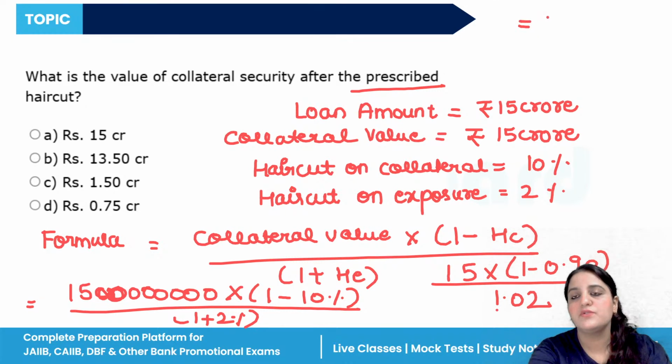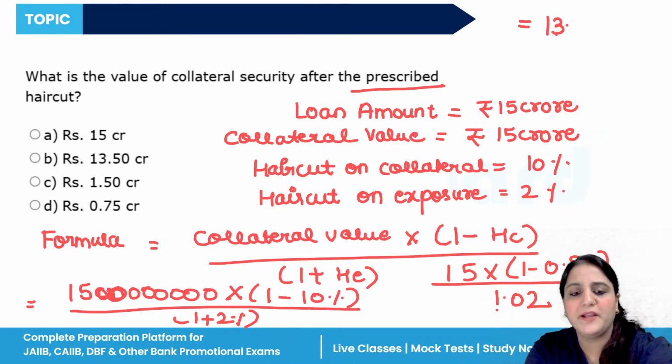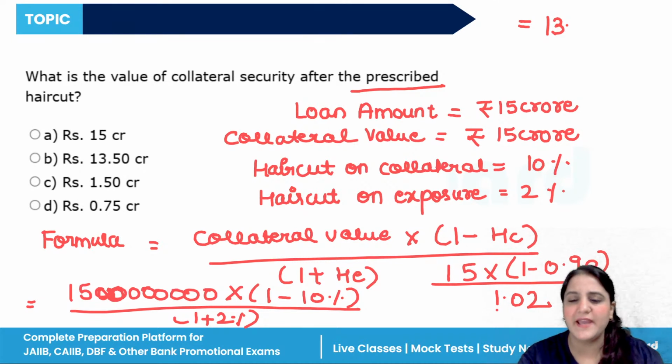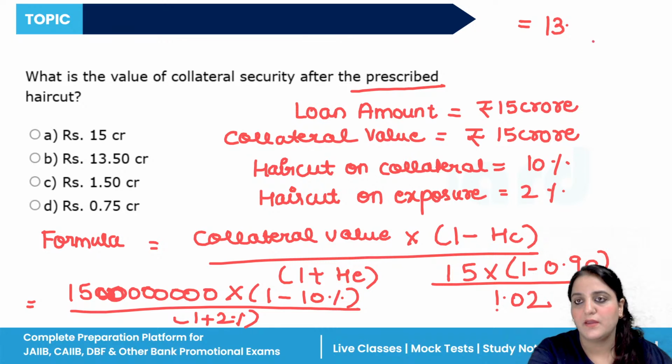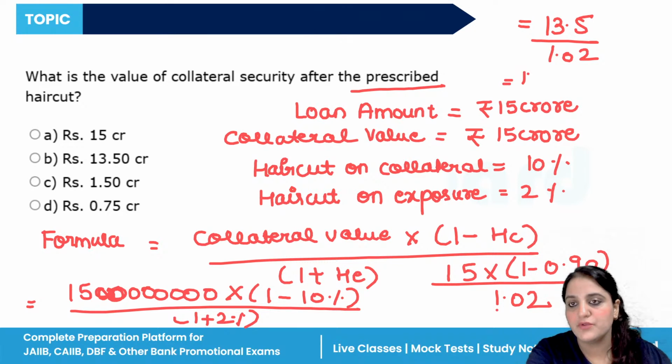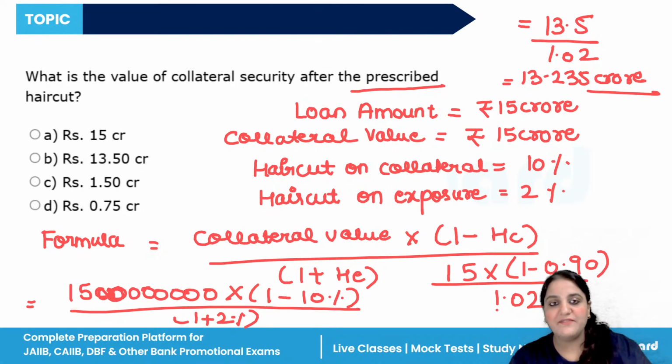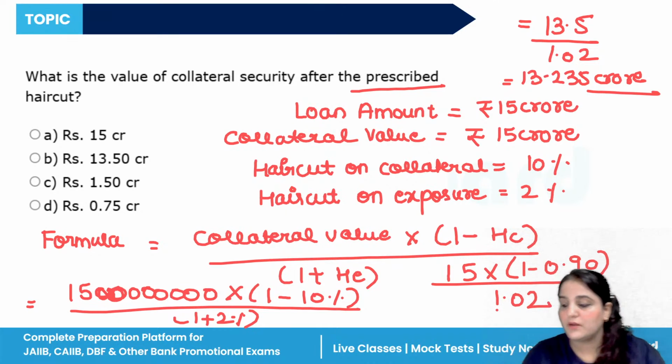So it is equal to 13 point near about 13.90, or just let me calculate this. Okay, 13.5 divided by 1.02, which is equal to 13.235 crore, and we round it off to the option.